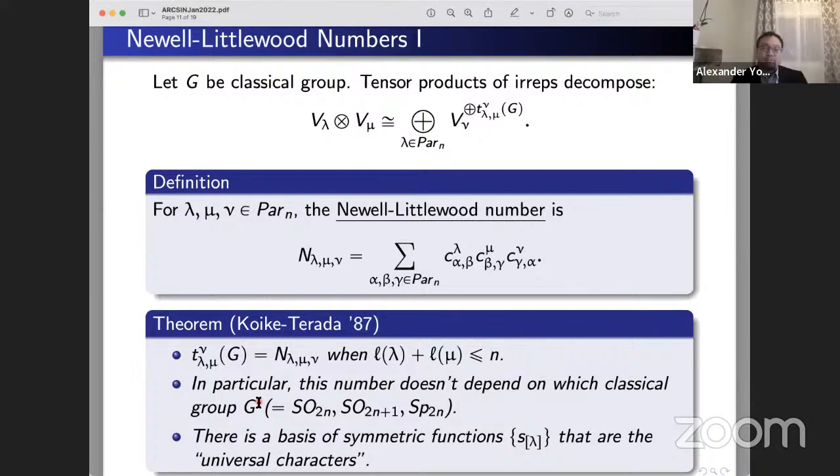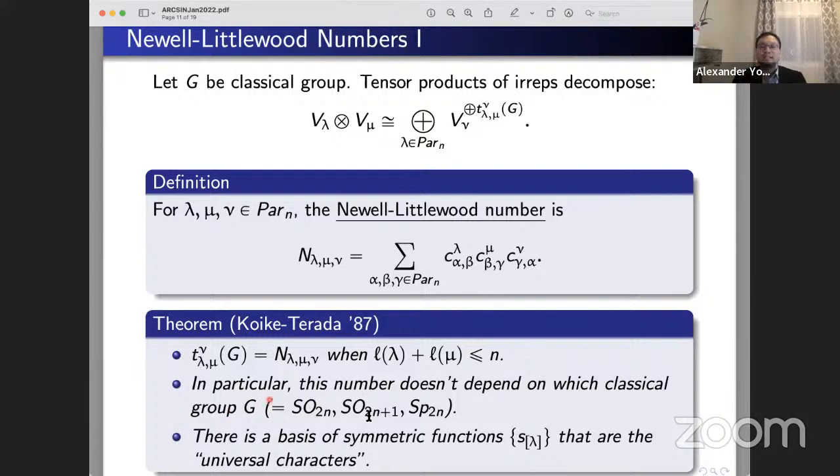A third thing, which doesn't really come up in this talk but you may find interesting: you recall that the Schur polynomials are the characters of the GL_n representations, and you get all the combinatorics coming from that. There's a complete analog that Klyachko and Terada introduced. They have a basis of symmetric functions, which I'll call the Klyachko-Terada basis, which are the characters for this situation.